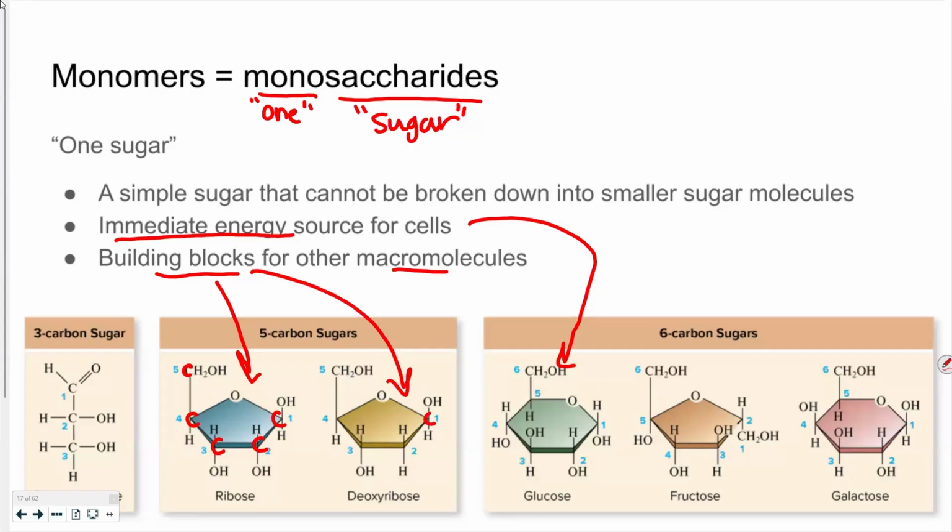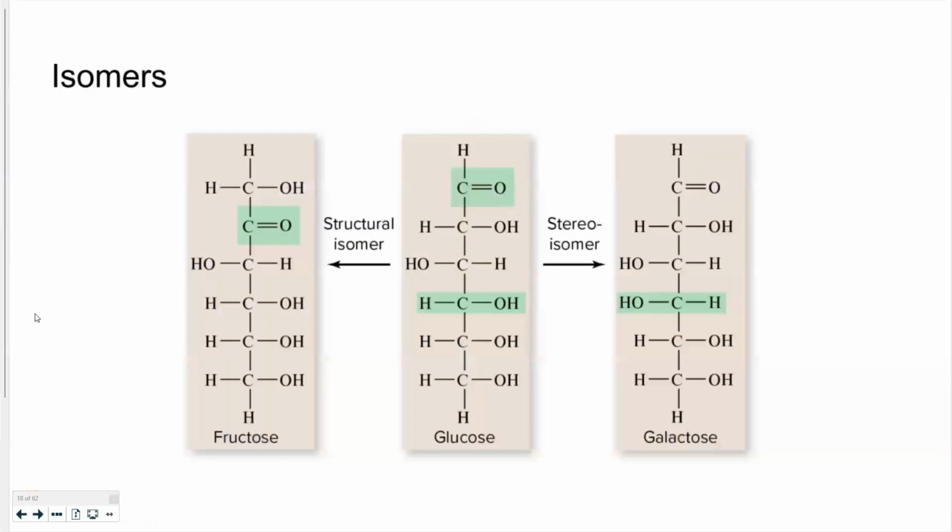We have another 5-carbon sugar of deoxyribose. These are important building blocks that are going to help us build DNA, and we'll talk a little bit more about that later in this chapter. Okay. So our monomers are usually between 3 and 6 carbons. Once we start getting more than 6 carbons, then we start to delve into the realm of disaccharides or polysaccharides.